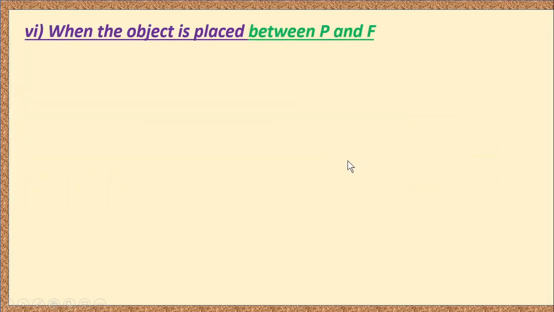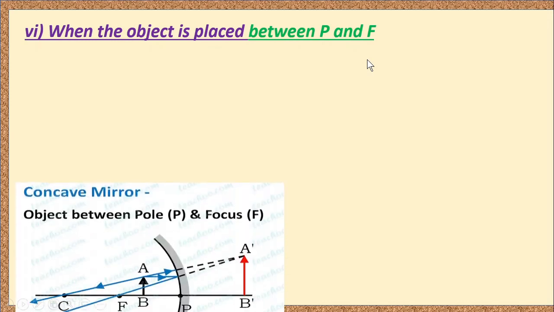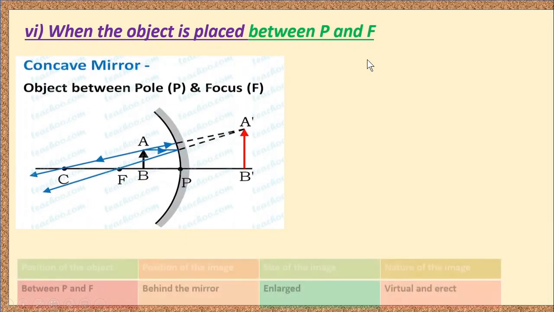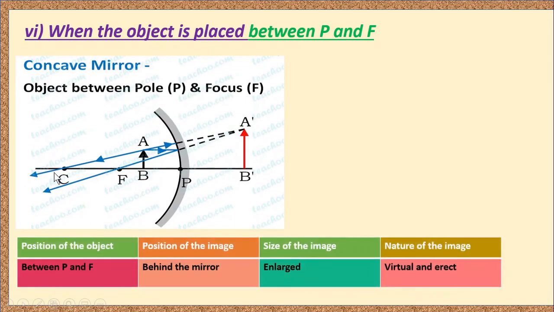Next ray diagram is when the object is placed between pole of the mirror and the principal focus. Here the incident rays fall on the mirror, and after reflection they intersect behind the mirror.